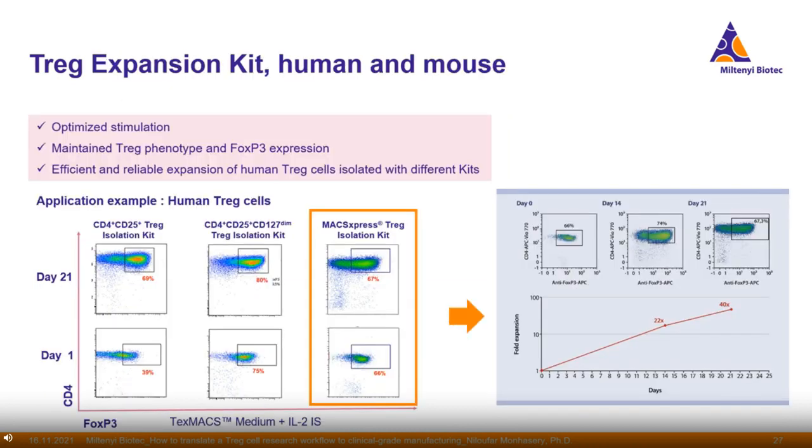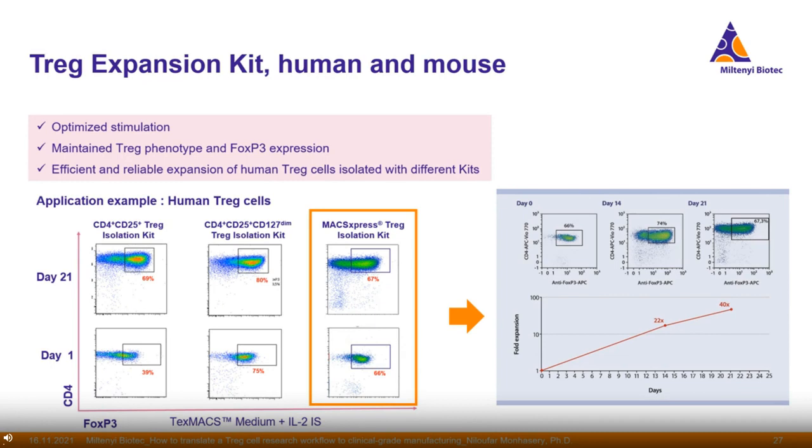In this slide, I would like to show you with some data the efficacy of these components all together. We decided to isolate the Tregs with different isolation kits, and then we cultured the cells in TexMACS medium in the presence of IL-2 premium grade, rapamycin, and the stimulation kits or expansion Treg kits.